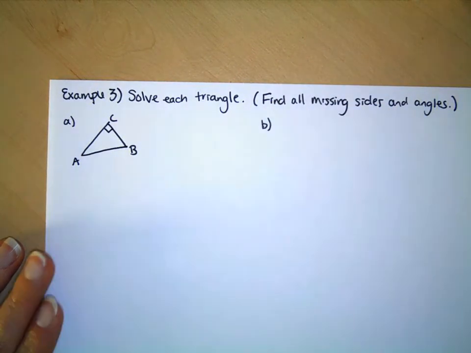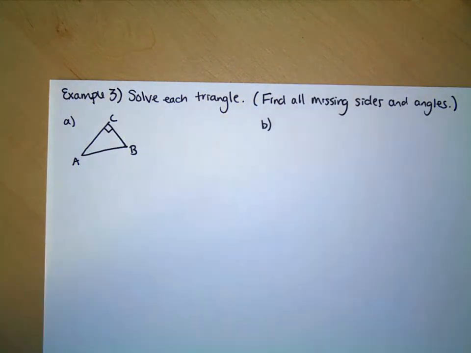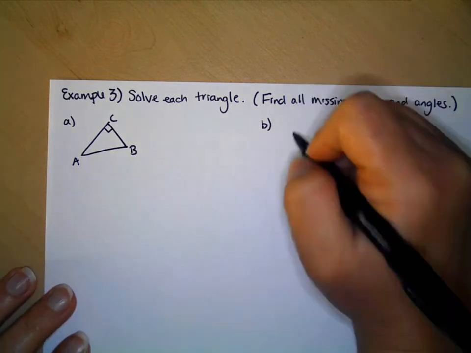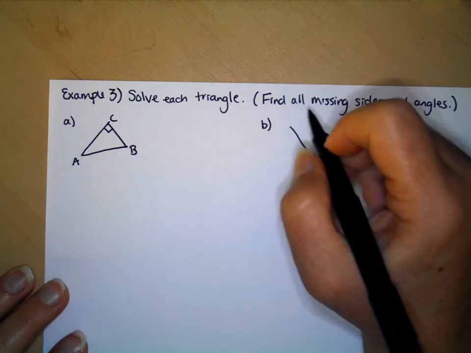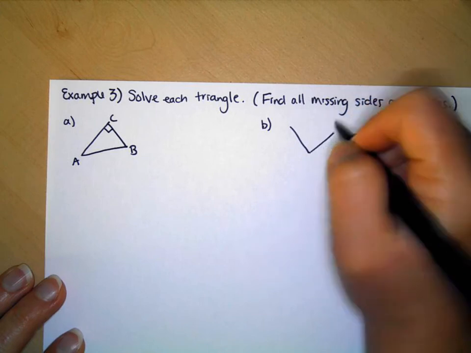And these problems might be given to you with a diagram already set up for you, or they might just give you a list of information and then you have to draw the triangle and label the pieces yourself. But either way, the process of solving is going to be the same.